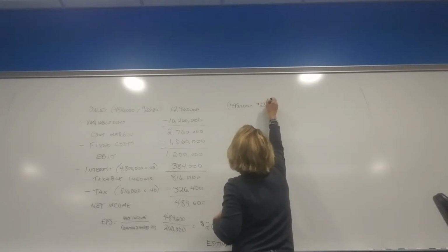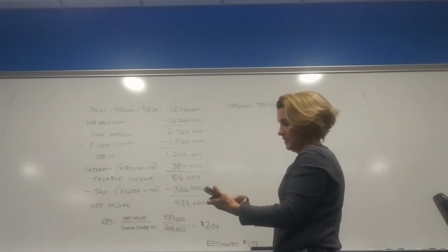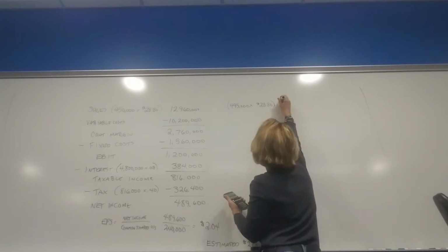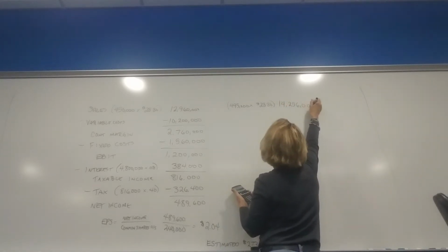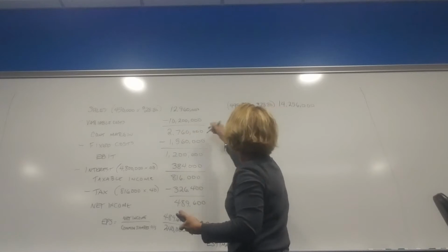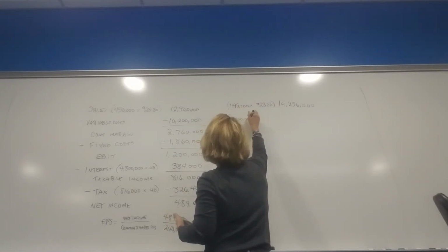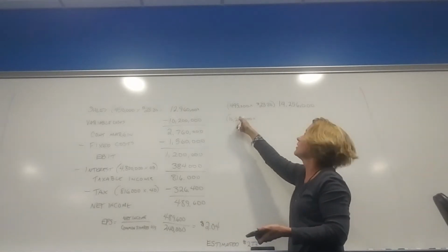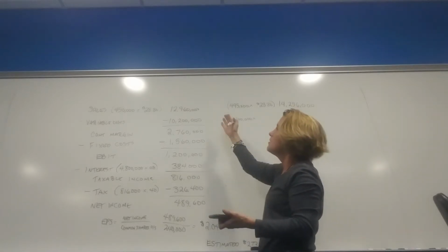If I multiply that by the 2880, that gives me $14,256,000 in sales. Now my variable costs, I'm just going to increase by 10%. Again, if I had it in per units, I could do it the same way and take the 495,000 times the per unit price.